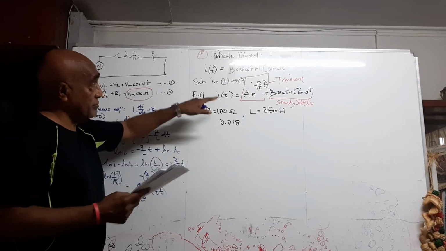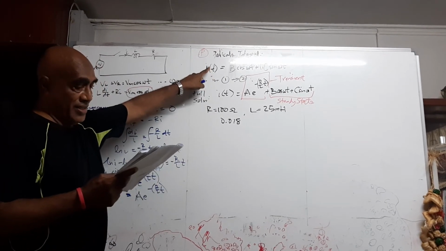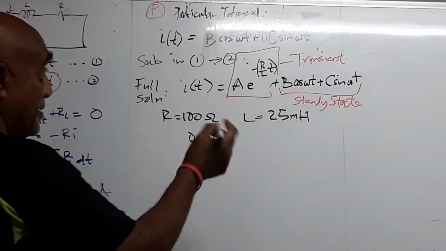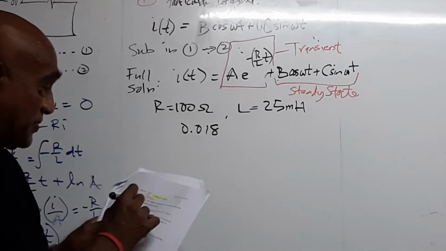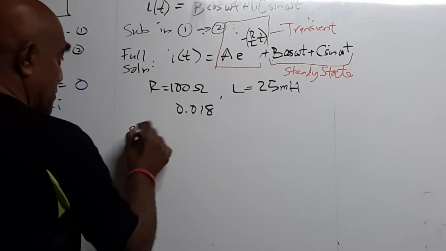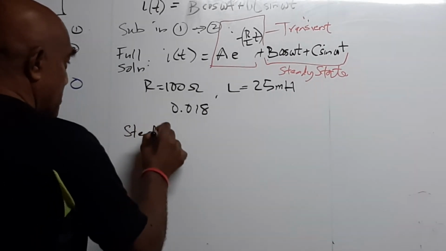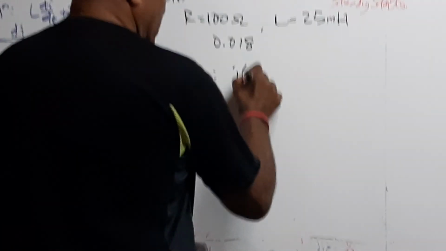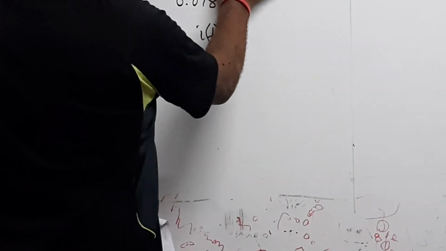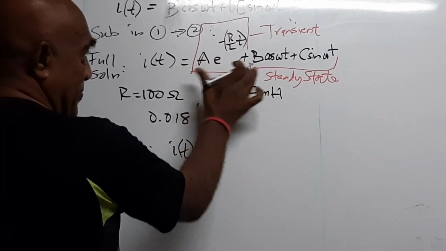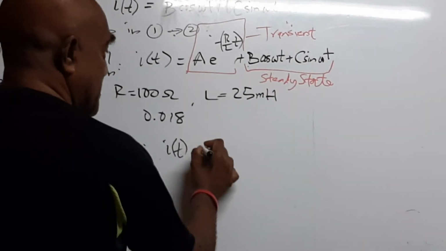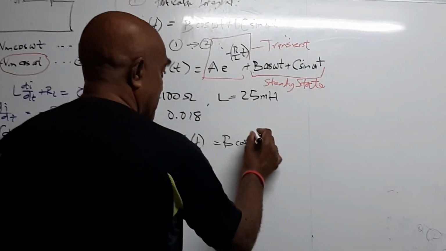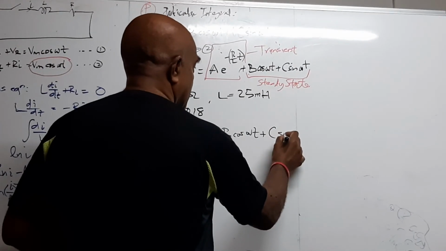At the steady state, as referenced at the bottom here, your transient lasts only for a very short period of time, and what persists is your steady state, that B cos omega t plus C sine omega t.